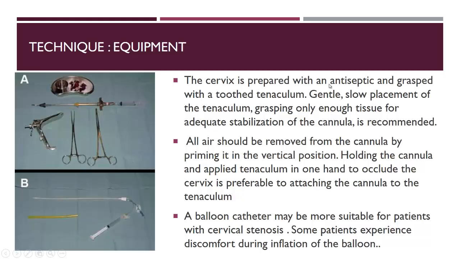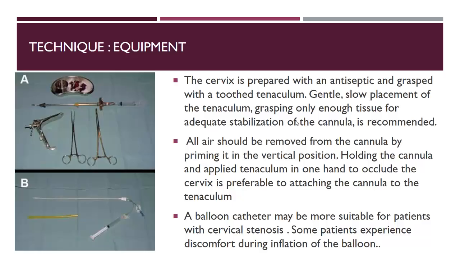The cervix is prepared with antiseptic and grasped with a toothed tenaculum. Place the tenaculum gently and slowly, grasping enough tissue. Don't take only a small part of tissue. You must grasp a good amount of tissue so that there is no slippage that hurts the cervix.